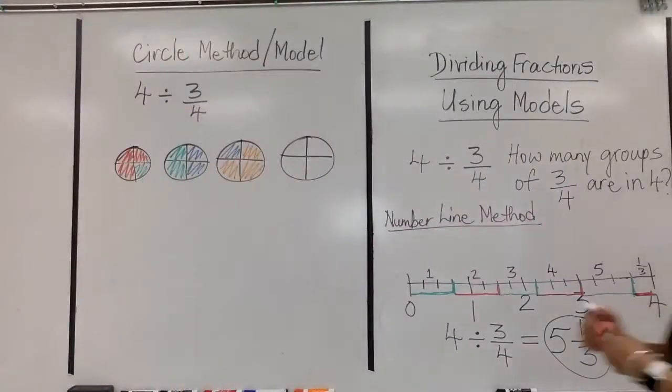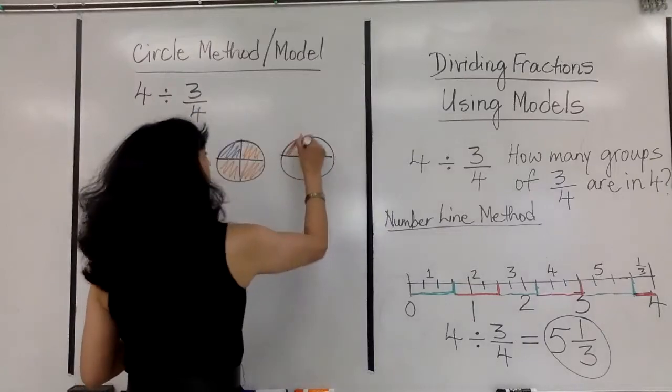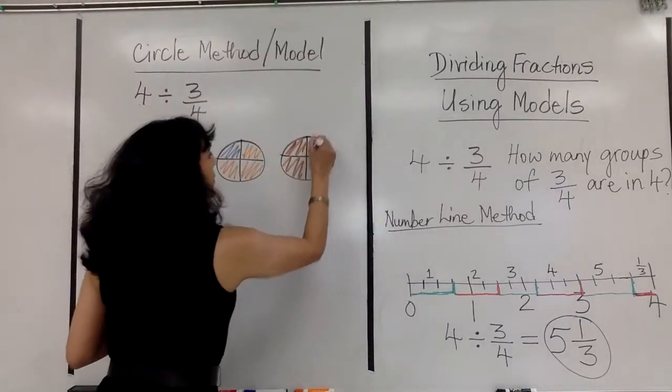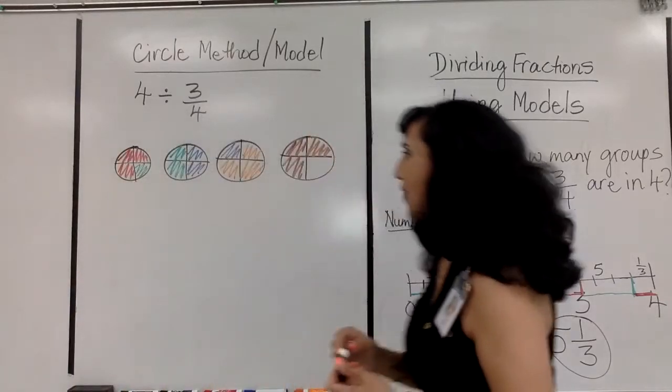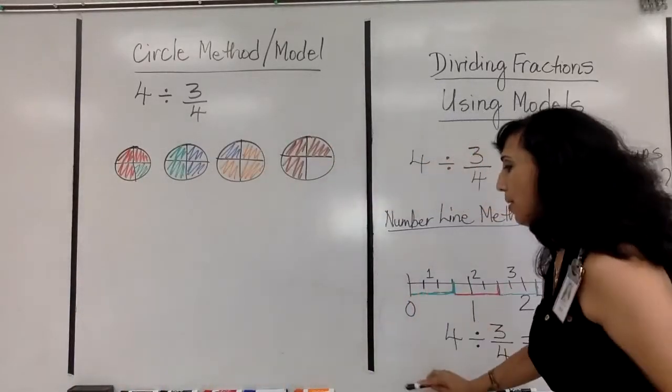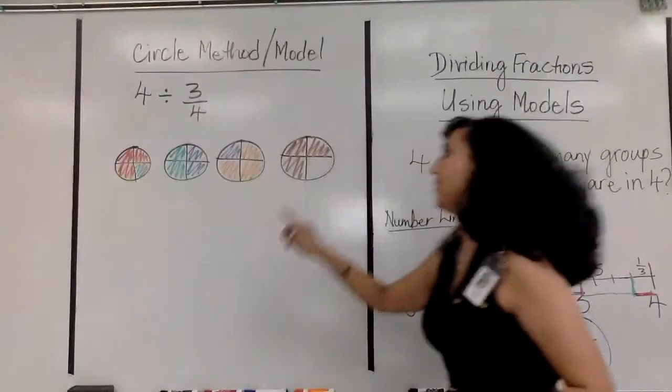Then I have 1, 2, 3. This is forming a fifth group. And then I have a remainder, which is this much.